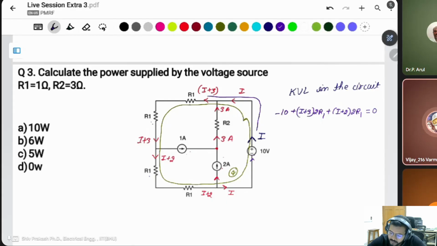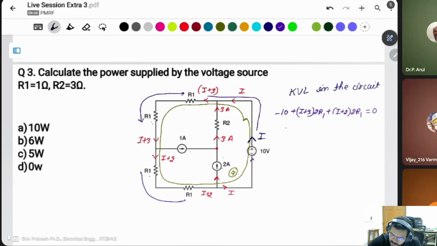Sir, why is 2R1 taken, sir? Because these two are connected in series and the current is the same, I plus 3. That's why I took R1 and R1 as 2 R1. Same thing here also.